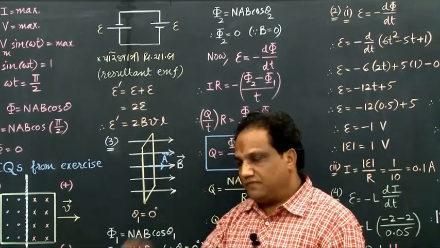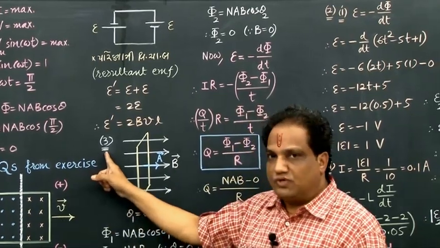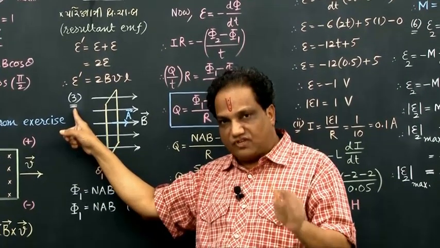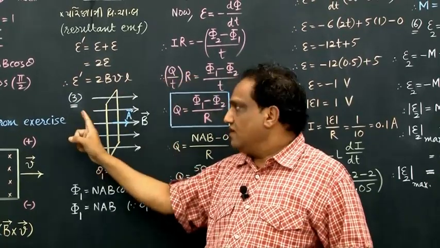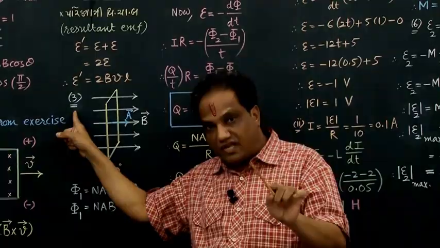Got it? Fine. Now read the statement of number 3. First of all, number 3, and number 2 is left out. We will take it after number 3. First of all, you read the statement of number 3.